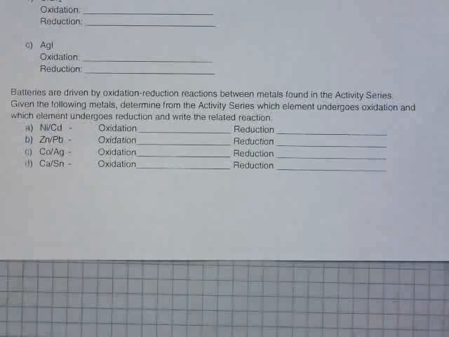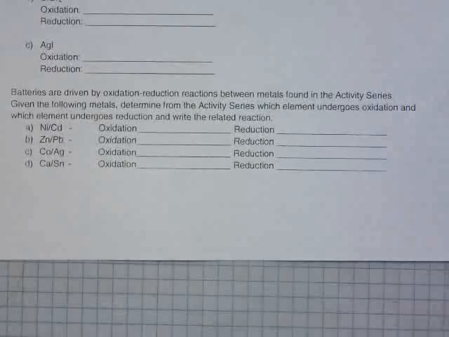So when you have nickel and cadmium, you go into your activity series page and see the one that's on top replaces the one below. Well, what does that mean in terms of oxidation reduction? So if one at the top is undergoing oxidation, it's giving up electrons. It always gives up electrons. The one below is always undergoing reduction. Okay? It's gaining electrons. So you have to show it as that.